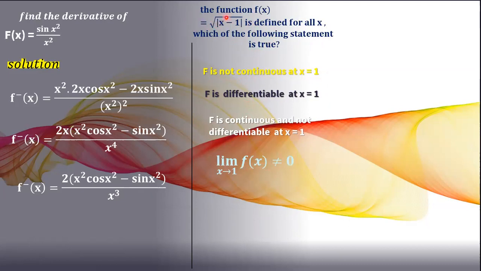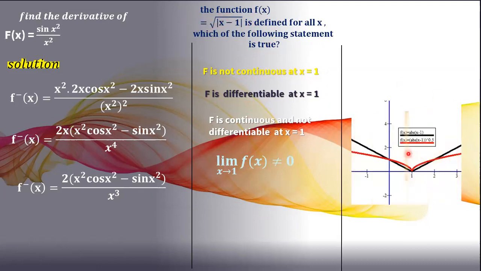If we graph this function, we'll get this graph. Okay. The black graph is the absolute value of x minus 1. So the x-intercept is 1. But when we take the square root, square root of 0 is 0, square root of 1 is 1, so these are the intersection points. For the other values, the square root of 4 is 2.